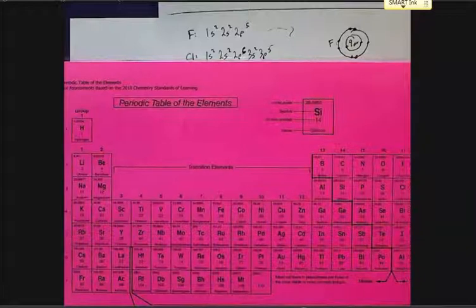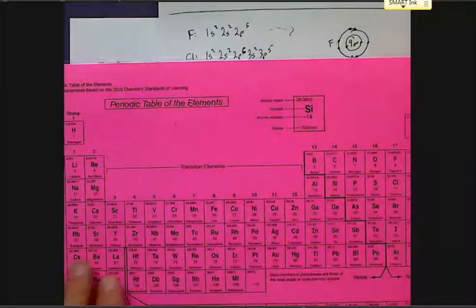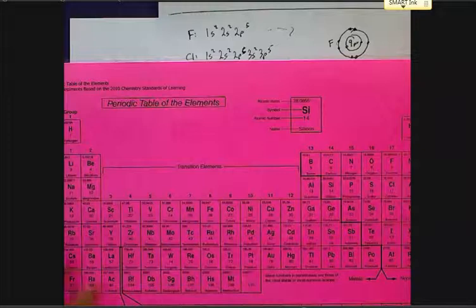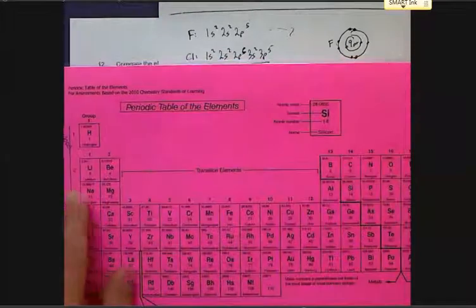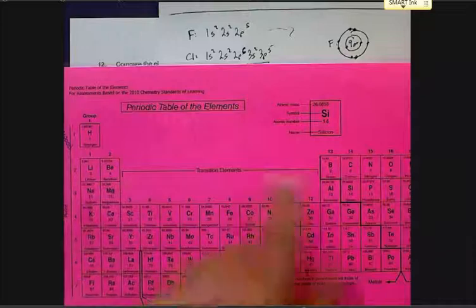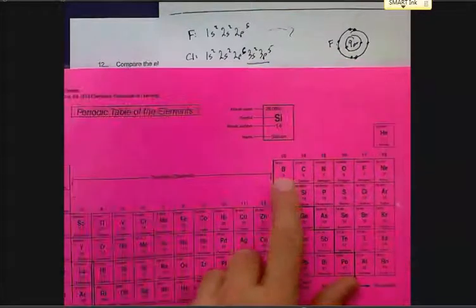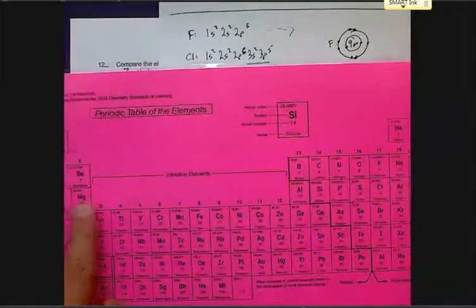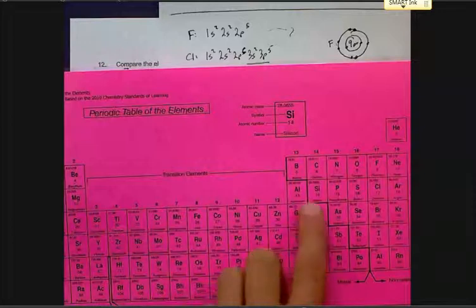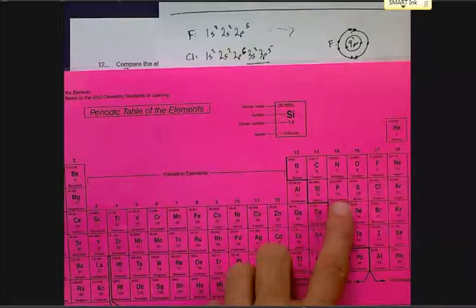So to get to sulfur, I'm going to go 1s, over to 2s2, 2p, and we can fit all 6 in there. We jump over here to the s block, that's 3s2, and then over to sulfur, 3p, 1, 2, 3, 4.